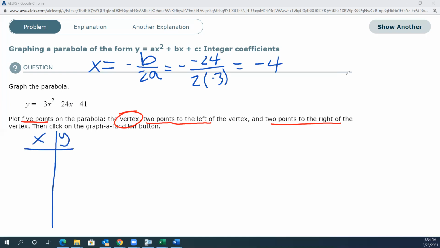So once again, we can say, all right, let's back it up a couple, and we'll go forward a couple from that vertex, and we'll have symmetry to speed things up, and then we just plug each of these x values into the function to figure out what the corresponding y values are. Once again, I'm just going to go with the calculator because I want to go there anyway to do something else.